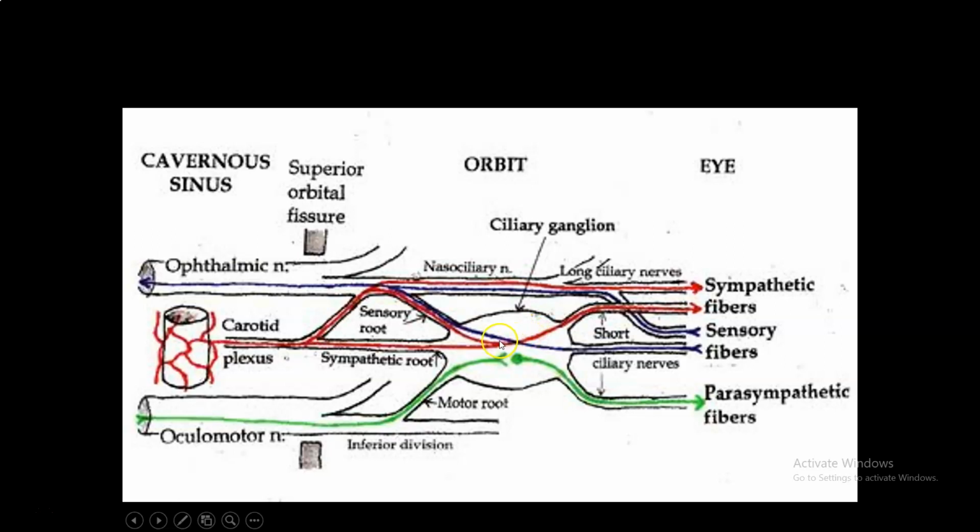The 3rd type of fiber passing in the ciliary ganglion without relay is the sympathetic from the carotid plexus, and it passes without relay, supplying 1 muscle, which is the dilator pupillae.